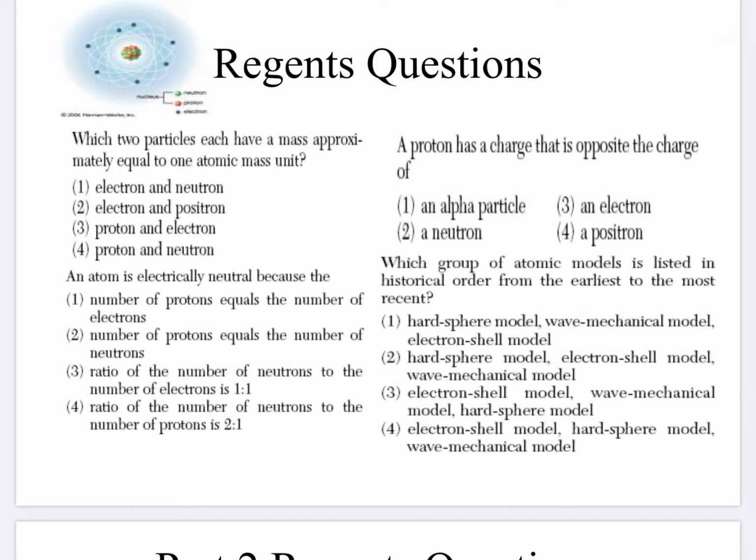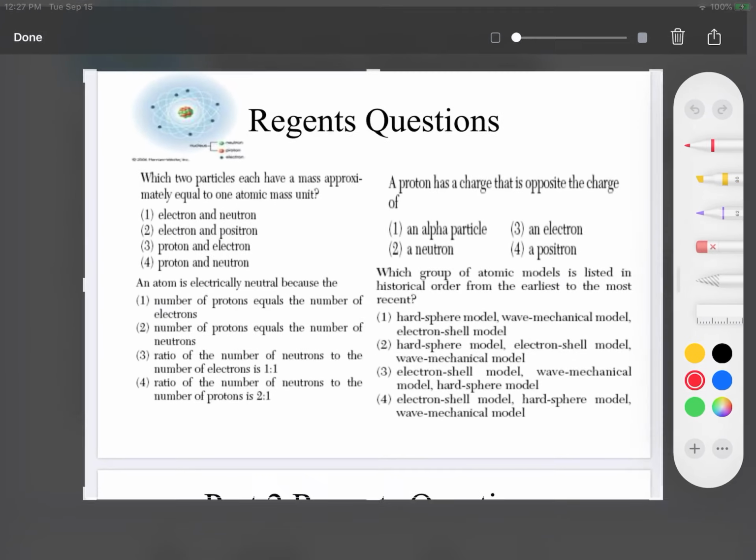Which 2 particles each have a mass approximately equal to 1 atomic mass unit? Again, guys, when we go to our table O, all you have to do here is simply look up the masses of each particle.